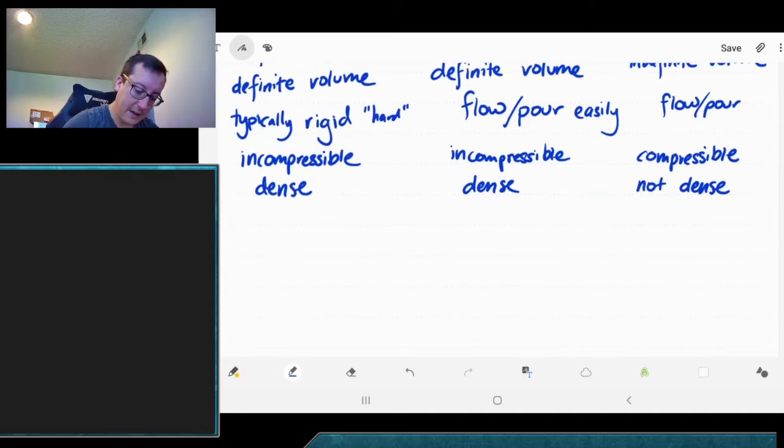And then finally, if we are looking molecularly or atomically at solids, liquids, and gases, we're going to see that solids can be crystalline or amorphous.